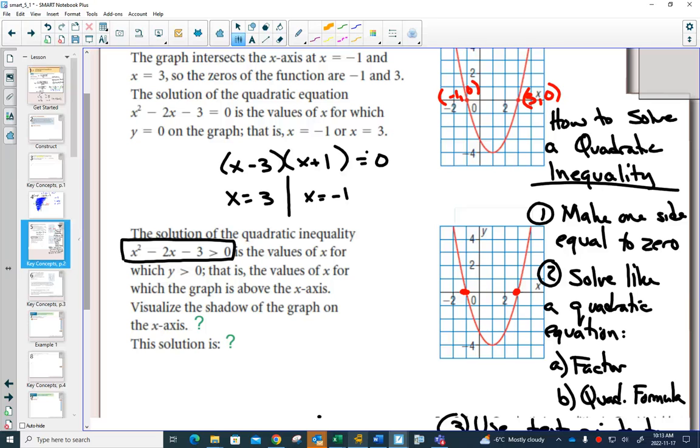Could you tell me an x value that makes that true? Do a little bit of mental math. There's tons of x values that make it true. Can you tell me one x value that makes it true? And then, can you find another x value that makes it true?